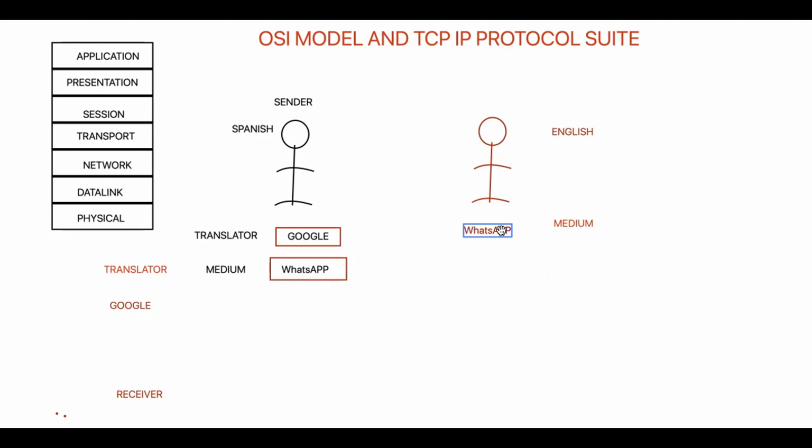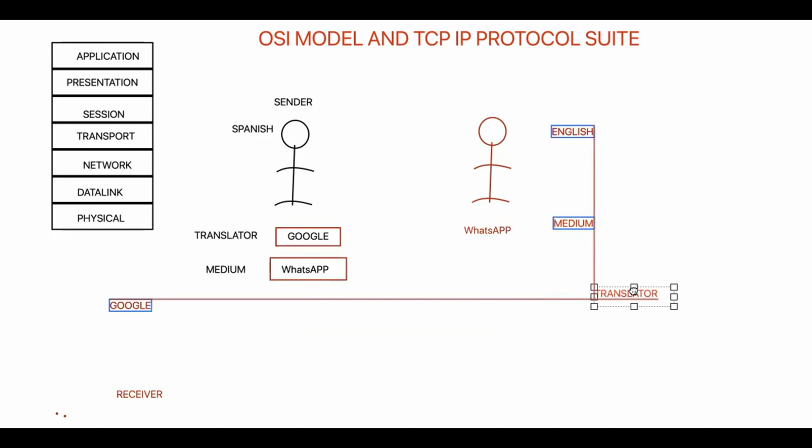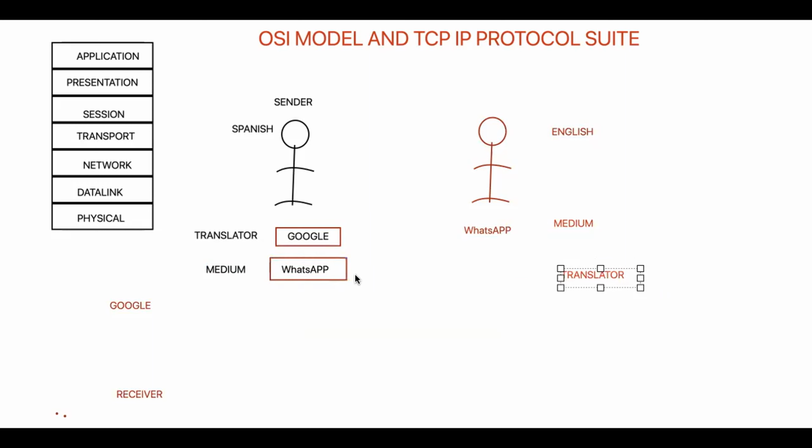Then Anna uses the same medium, WhatsApp, to send a message, but she first needs to translate. So she uses the help of a translator, Google, to translate our English message to Spanish. She is the receiver at first, right? But at this point, she has now become a sender too.